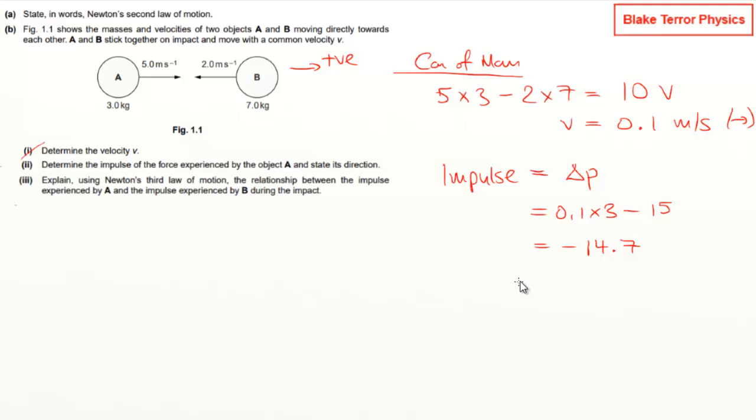They want the impulse and its direction, so we can say it's 14.7 newton seconds, and that is to the left, because that's the direction that the force is hitting, it's being slowed down.